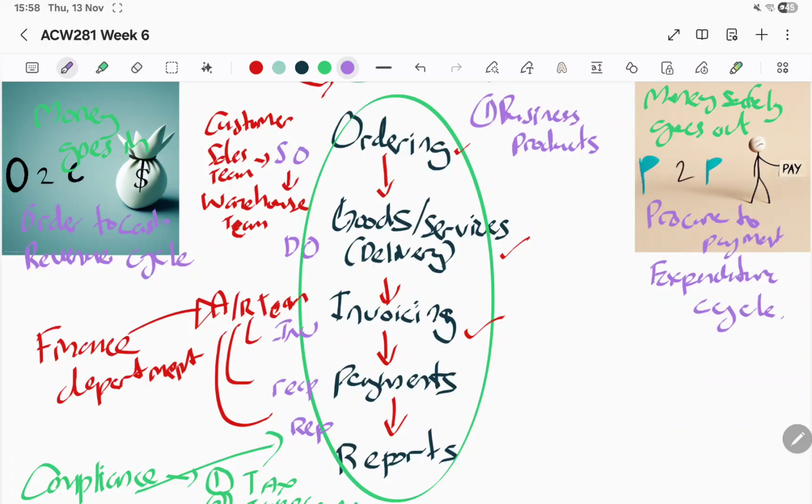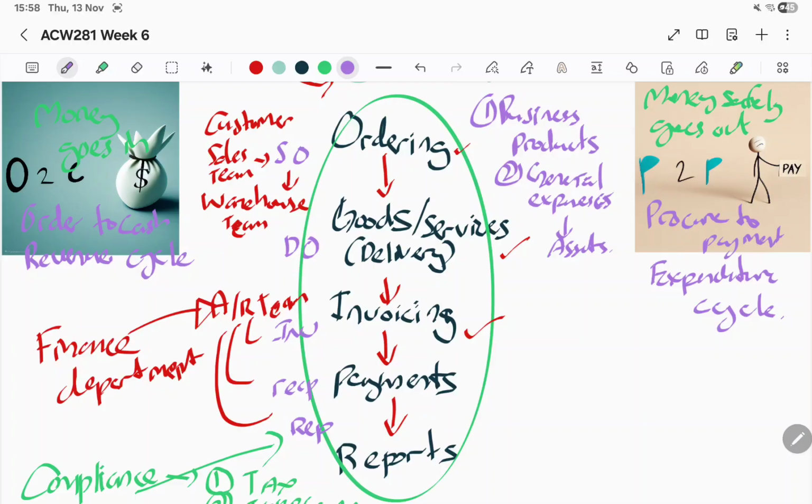The first one is the one that is related to your business product. And the second one is the general kind of expenses. General expenses can fall into the general expenses, or it can also fall into the purchase of assets.